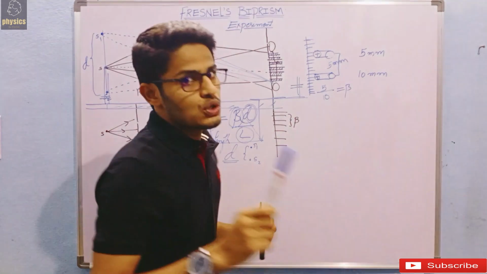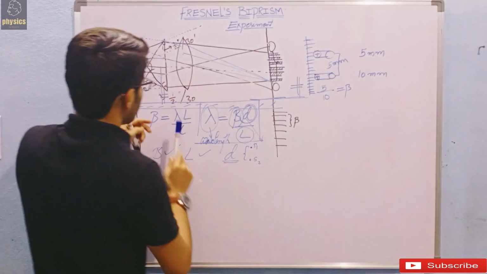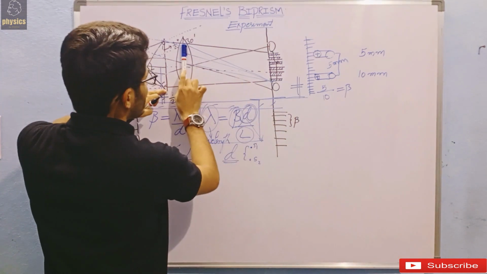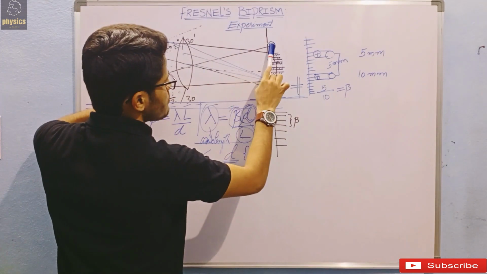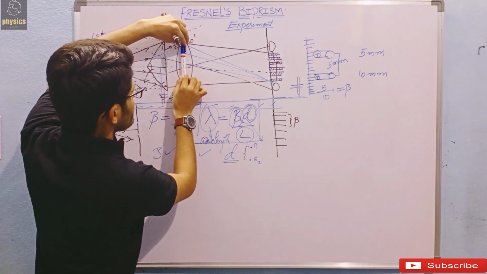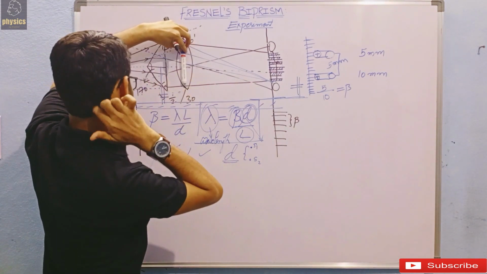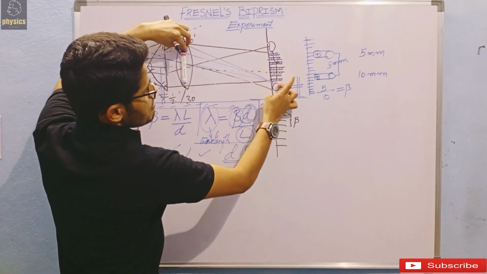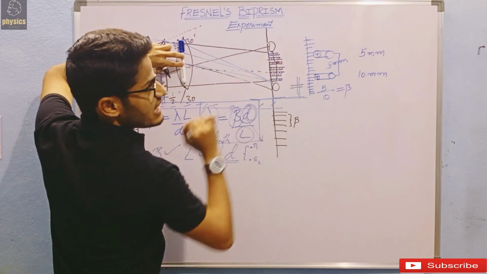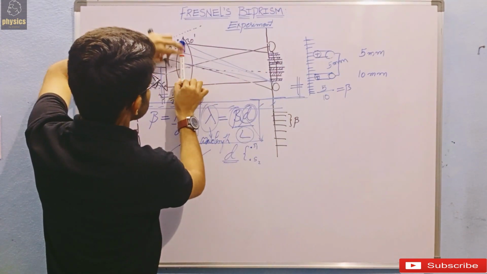But there are just two positions, between the biprism and the final screen, where you can get the two sharp images of S1 and S2. First we put the lens here, and at some point we get sharp images of S1 and S2 on the final screen instead of the interference pattern.